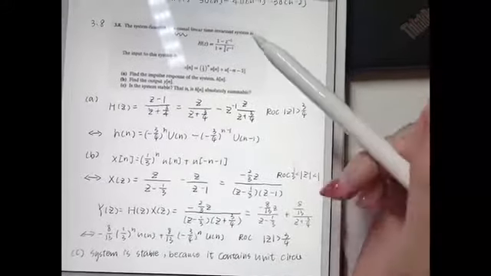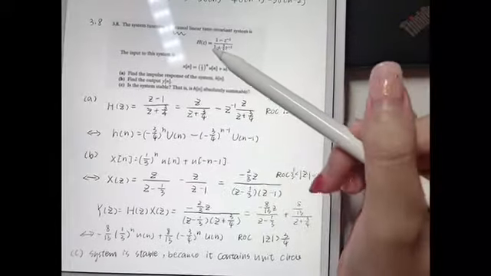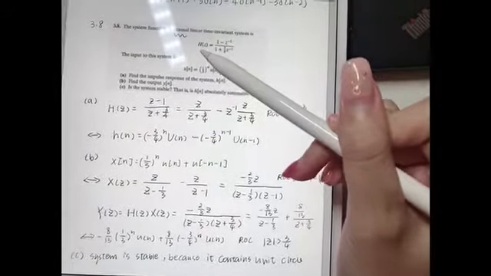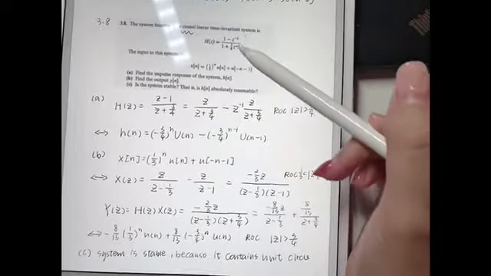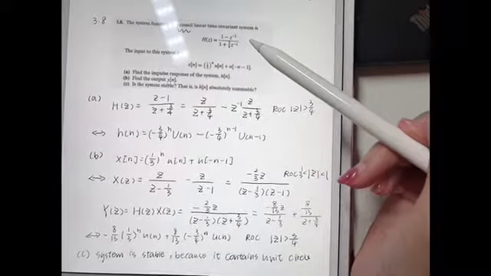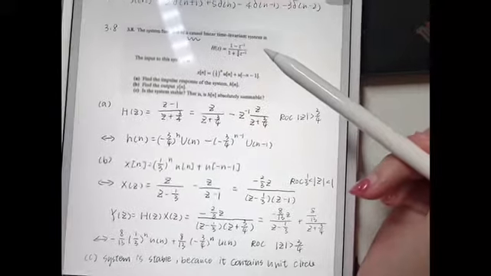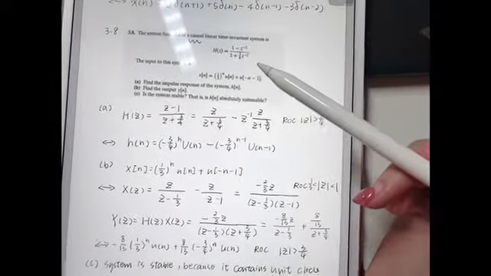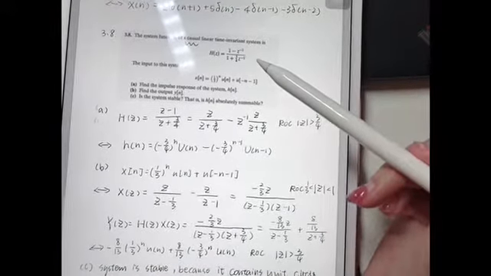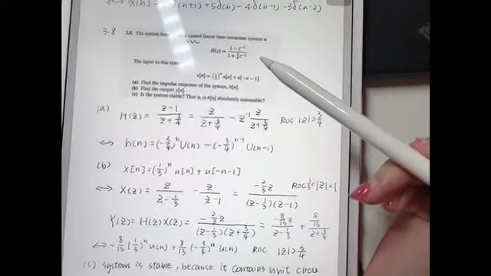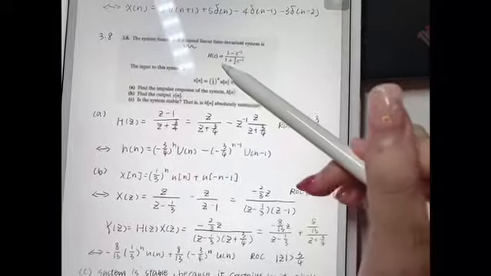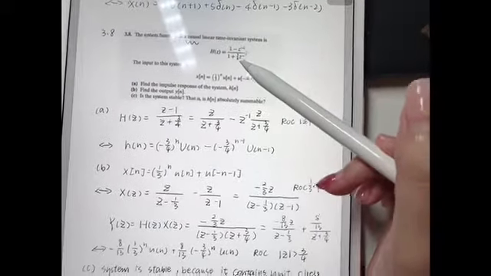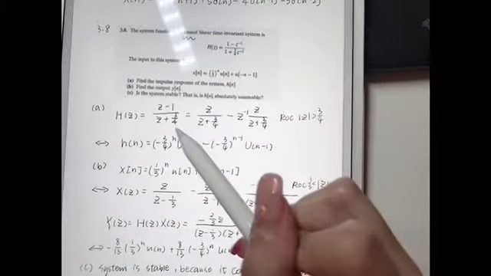Look at the conditions. We have that H(z) equals this expression. So we just do the inverse transform. Before doing the inverse transform, we need to write the original expression into this format.